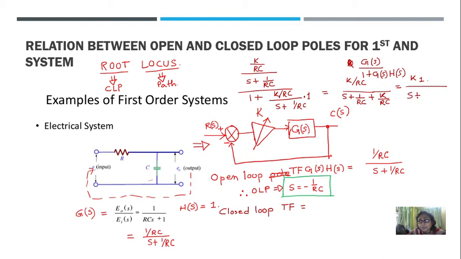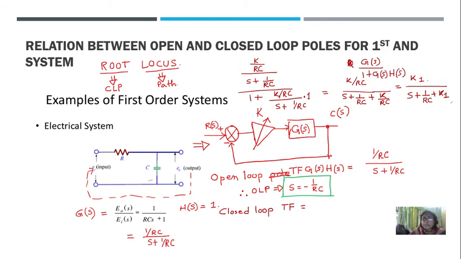So now there is a constant 1/RC and a variable factor attached with the poles of the system. When we are putting a feedback, you can imagine that this factor K is coming in the denominator of the system.